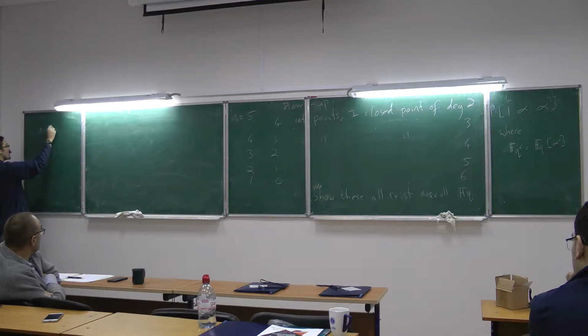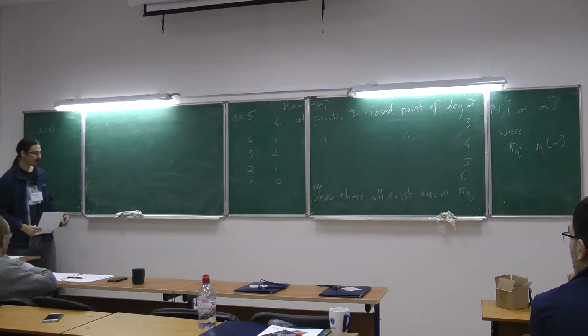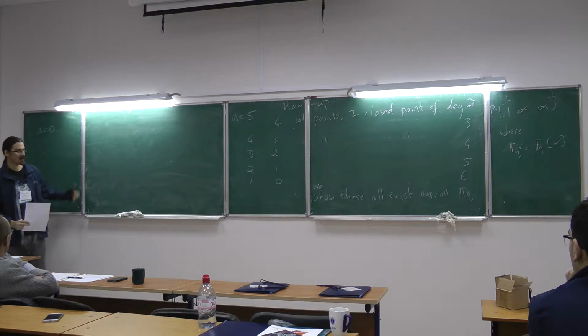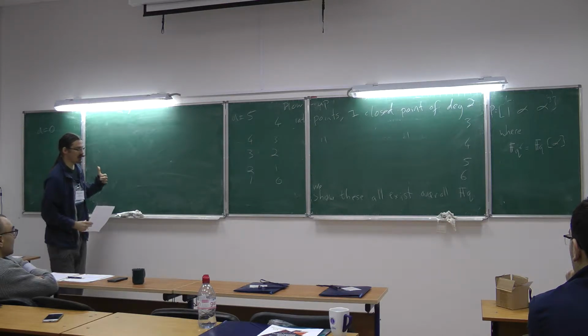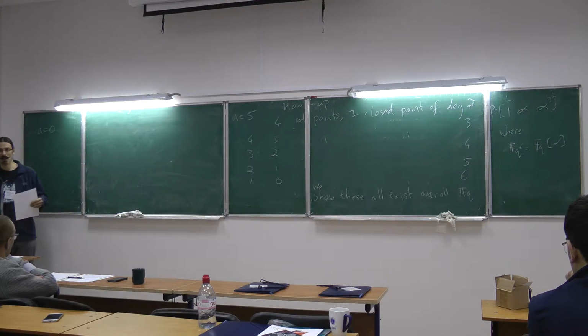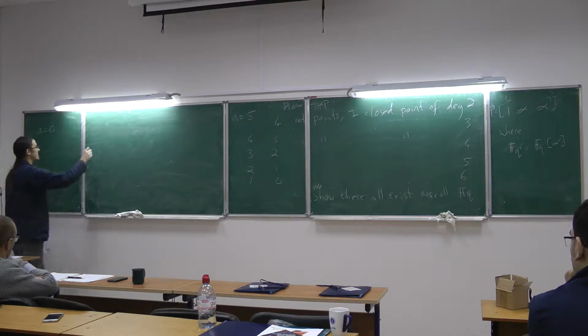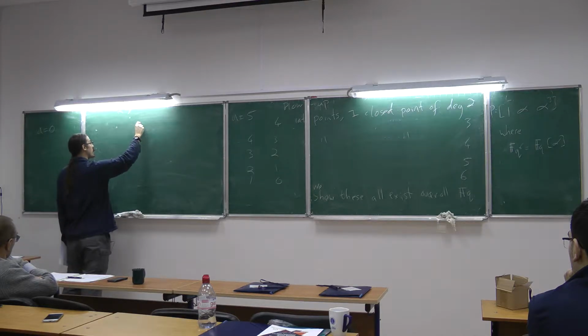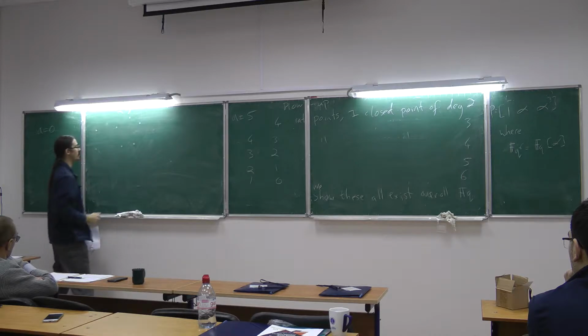Okay, so trace 0. Now you can't get to trace 0 from P2 by blow-ups alone, but you can usually blow up and then blow down. So we blow up a closed point of degree 2 and a closed point of degree 5.